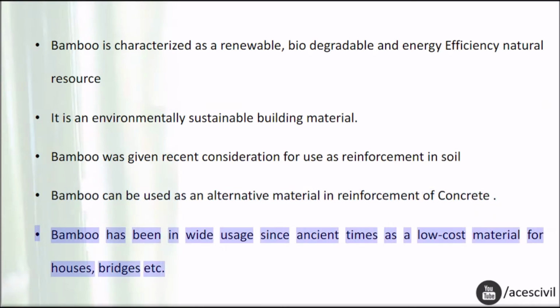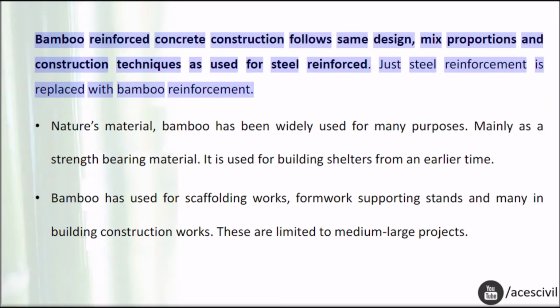Bamboo has been in wide usage since ancient times as a low-cost material for houses, bridges, etc. Bamboo reinforced concrete construction follows the same design, mix proportions, and construction techniques as used for steel reinforced.